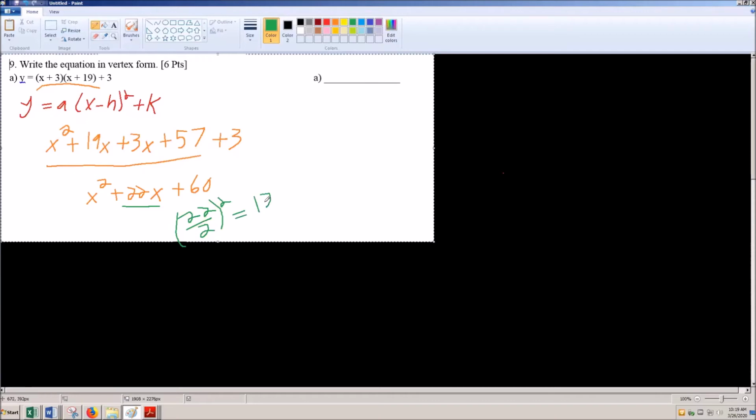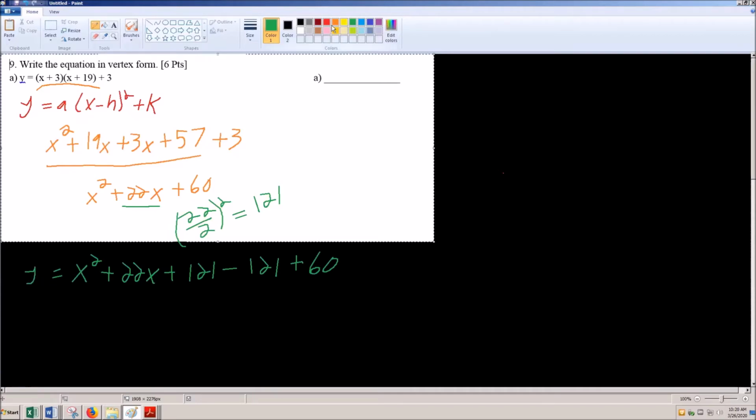So I get 121. That's what I want. I'm going to rewrite this as x squared plus 22x plus 121 minus 121. Again, here's my clever 0, and I still have this plus 60 hanging out on the outside. So again, this is all just y equals still.